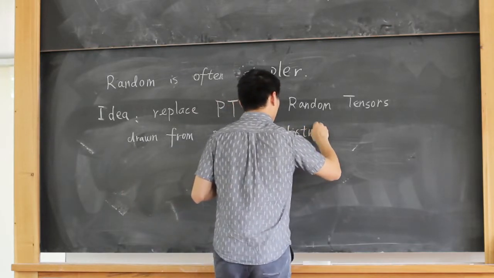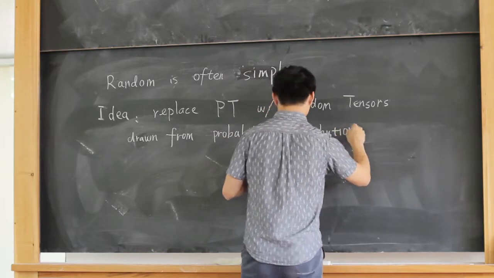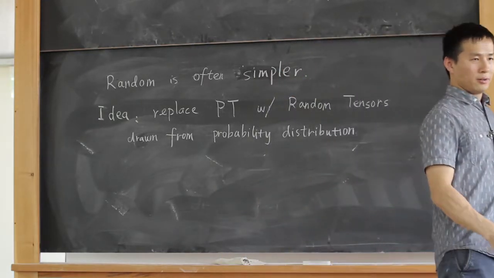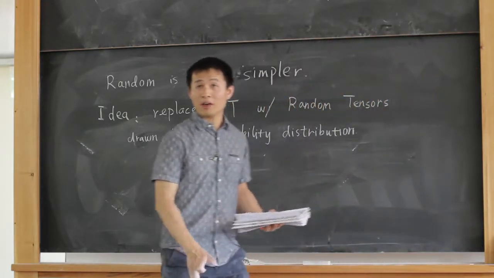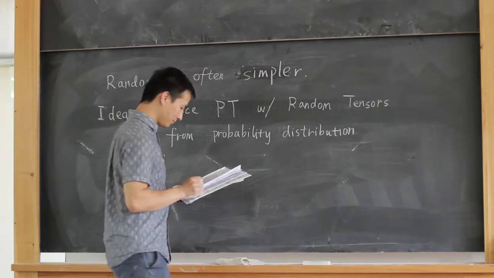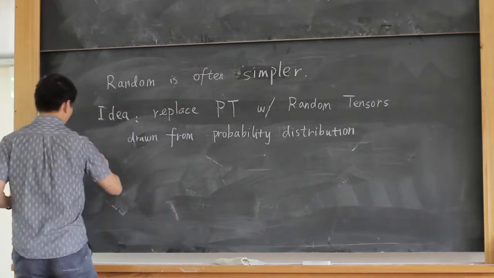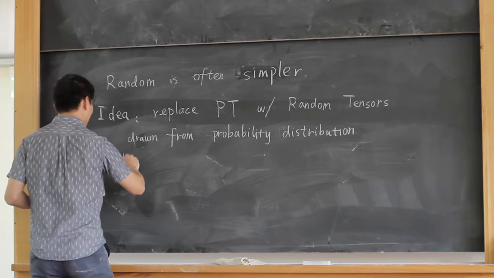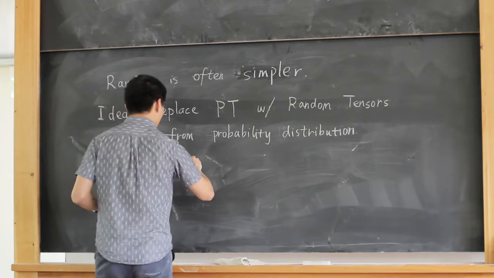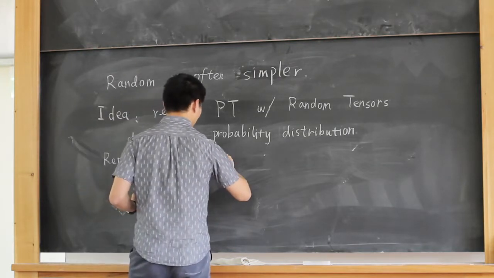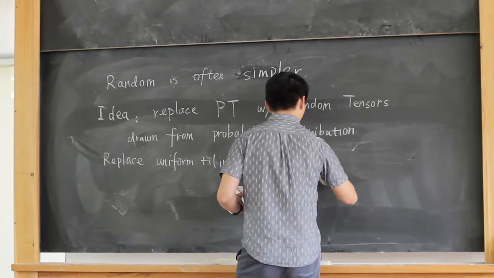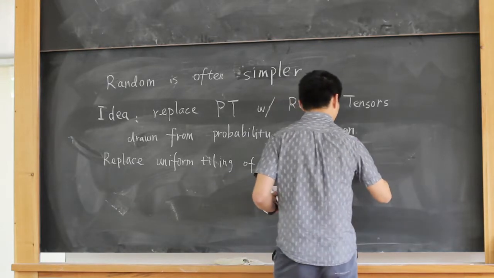That is the distribution that you get by requiring it to be invariant under arbitrary unitary transformations. That's a very natural distribution to use, and when we say random tensors, we will be drawing from that distribution. Furthermore, we are going to replace the very uniform tiling of the hyperbolic space by something much more general.